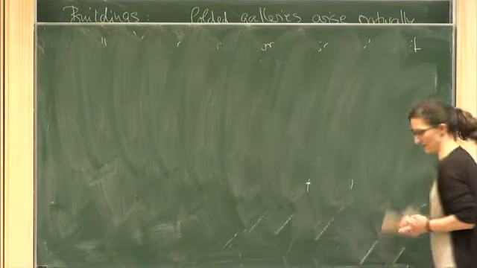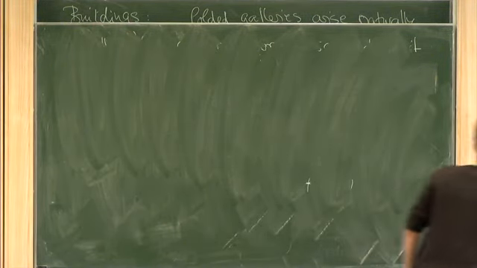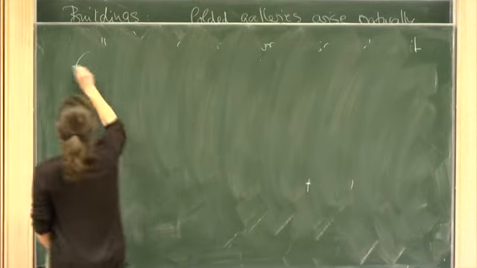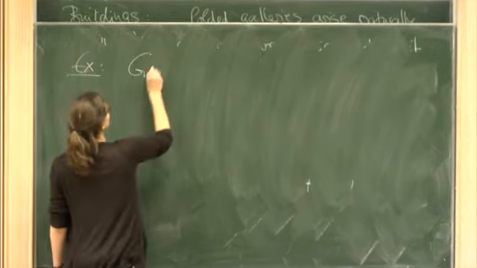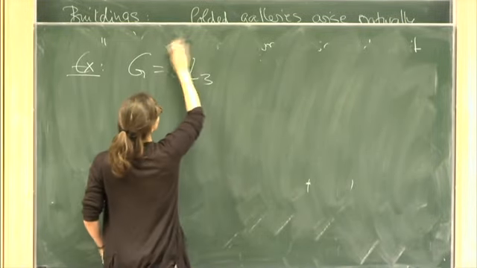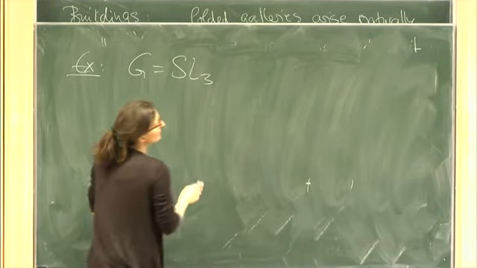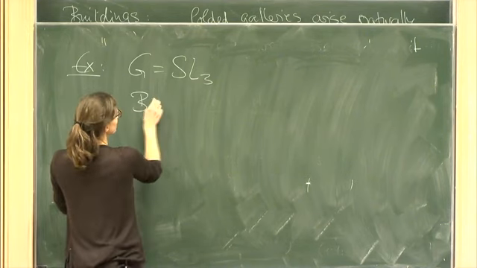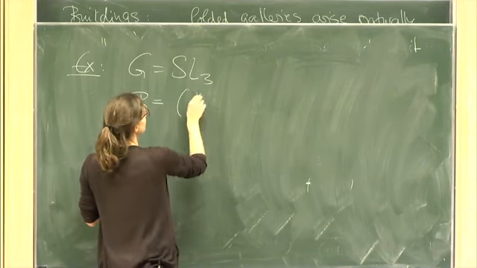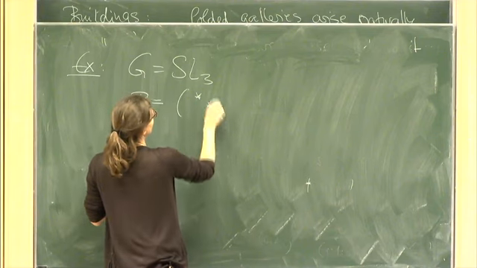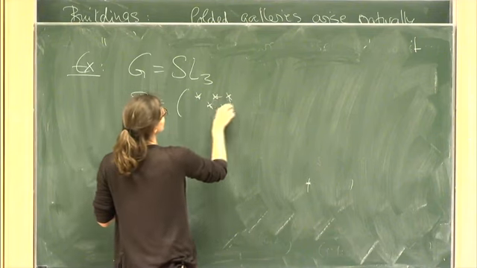So let's take an example here. So G, say, is SL3. Then your Borel becomes the upper triangular matrices, in SLN, the upper triangular matrices.